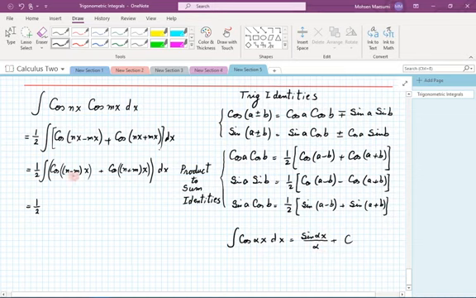If n minus m and n plus m, neither of them is 0, then I can go ahead and write it like this: sine of (n minus m)x over n minus m, and then here sine of (n plus m)x over n plus m, and then you put a constant.